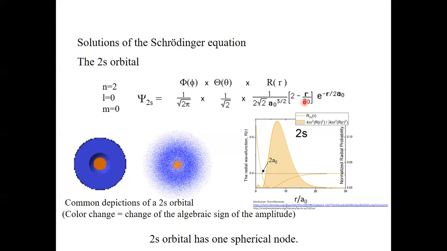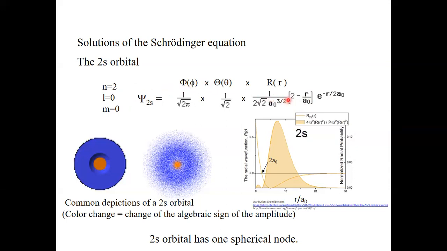That is due to the three-dimensional nature of the orbital. Okay? So we can easily see where this node is. And we can determine this by investigating at which radii this term becomes 0, because when this term becomes 0, the entire wave function becomes 0 and we define a node.